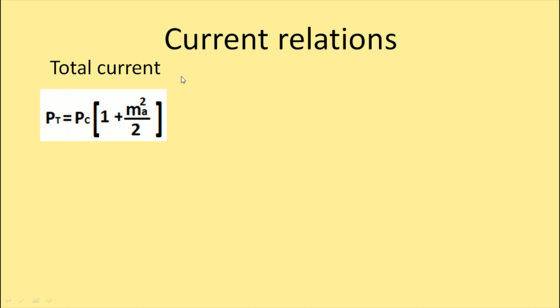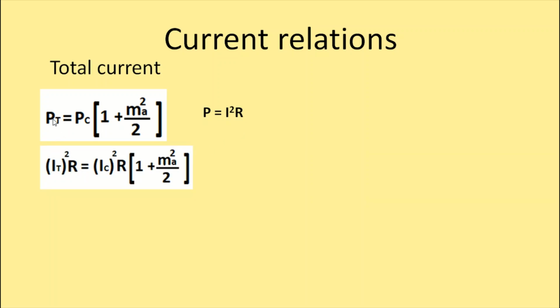Now to obtain the total current from this particular expression, we will use this simple equation, that is P being represented in terms of I and R. Here again R is nothing but the antenna resistance.